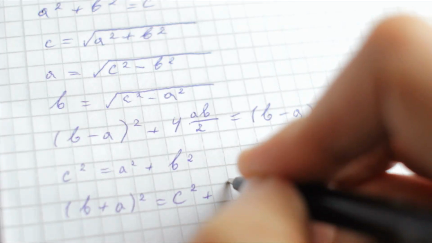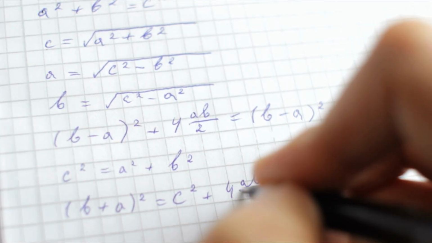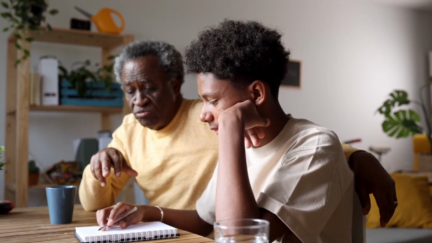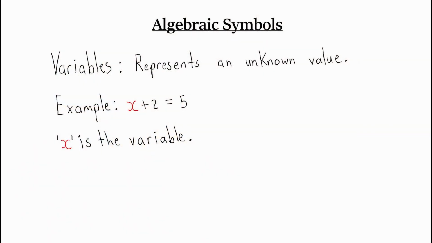Now, let's advance to some algebra symbols, the ones that usually pose a challenge if you don't know them. We have variables. A variable represents an unknown number or a value that can change. For example, x plus 2 equals 5. X is an unknown.